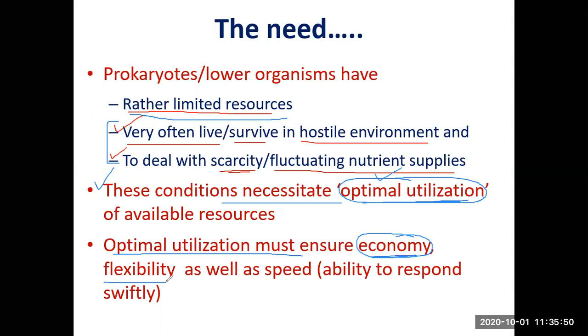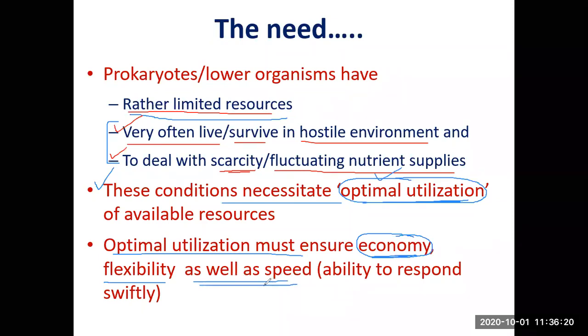Flexibility means it should be capable of utilizing compound A, metabolite A, for its energy needs at this point of time, and a couple of minutes from here, if compound B appears in the medium, it should be capable of utilizing compound B also for fulfilling its energy requirement. And it should be able to do it swiftly.